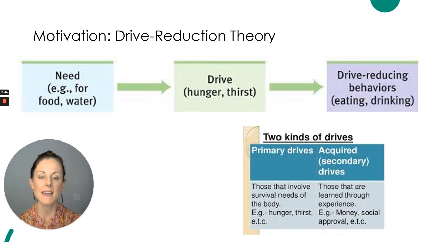So for instance, as a human species, we need some kind of money in order to usually pay for things like food or housing. We need social approval in order to, again, satisfy some of these primary drives, which I'll talk about in a moment, this kind of need that we have to belong in social settings.